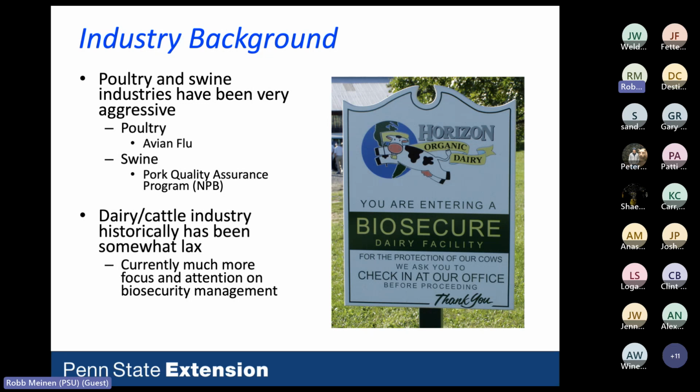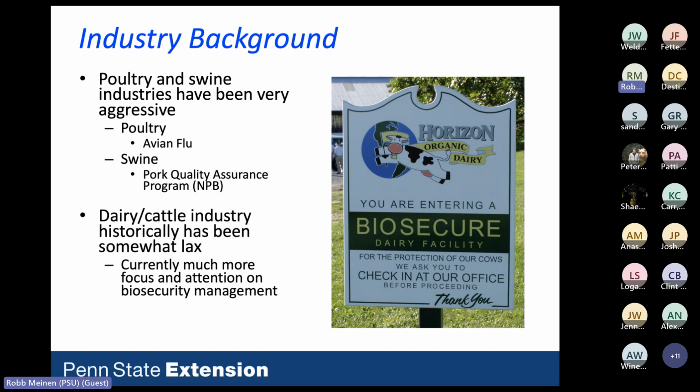It's very hard to get into a swine or poultry barn at this point because of biosecurity threats. The industries, as Cam mentioned, that are vertically integrated have kind of just shut down visitation. So if you're working with a swine or poultry farm, you likely will not get very close to the animals or in that barn.